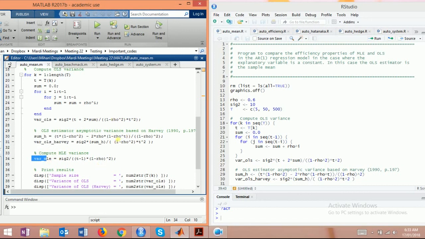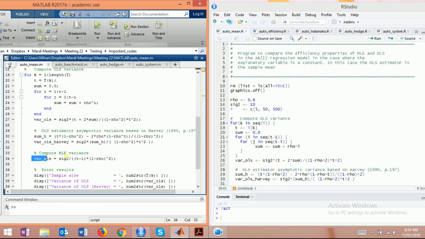The efficiency test will be proven from here. For beta hat least square, we just need to divide this with this, and we see the efficiency ratio. Are they asymptotically efficient or not? That is a question too.